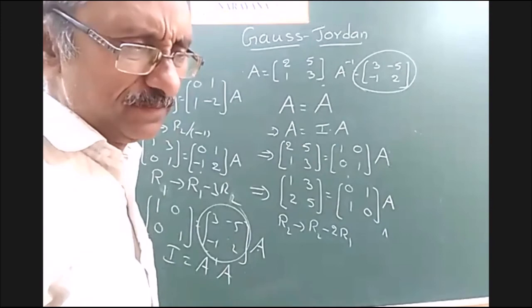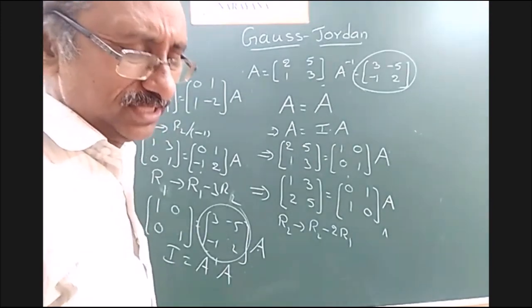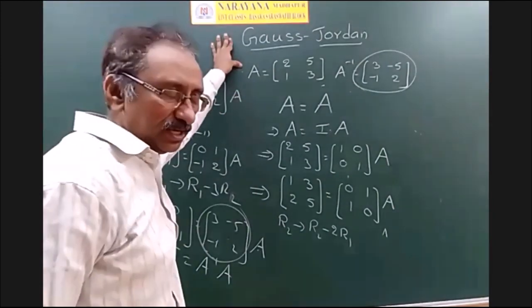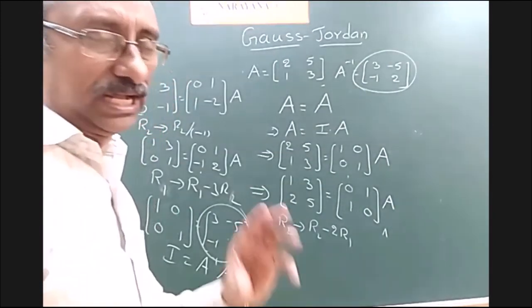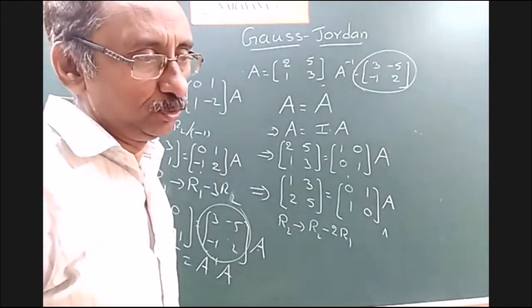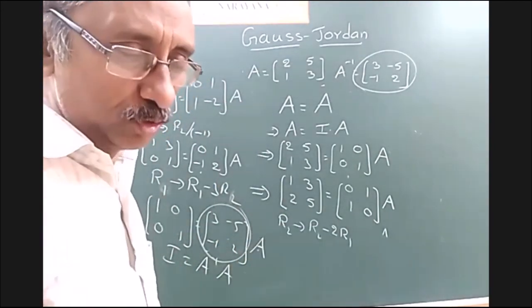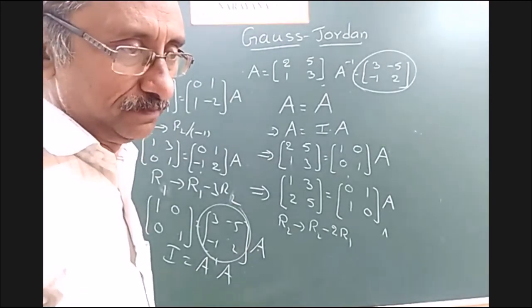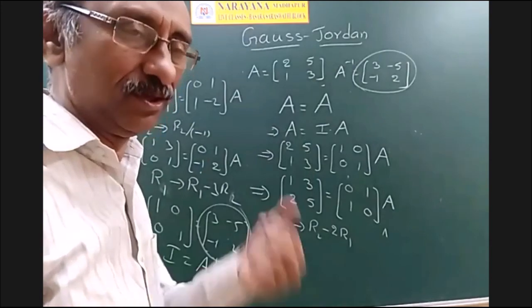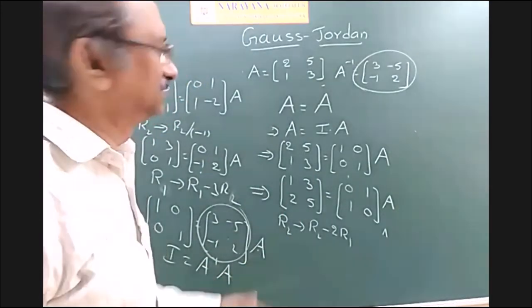That is a very big method. Using the echelon form only we can do it. But in the examination, if he asks to use Cramer's rule, you have to use Cramer's rule only. Using the matrix inversion method means you have to find A inverse only. If the Gauss-Jordan method, you have to use the Gauss-Jordan method only. It's a very big method.